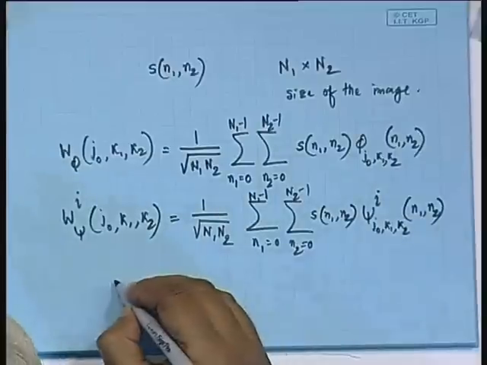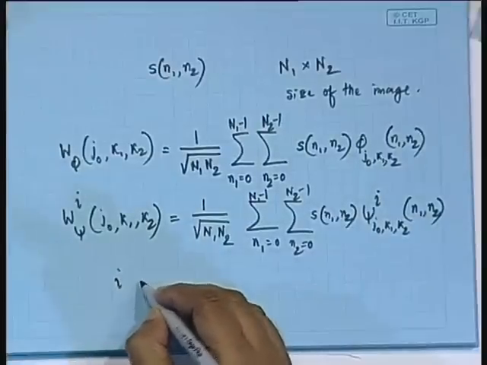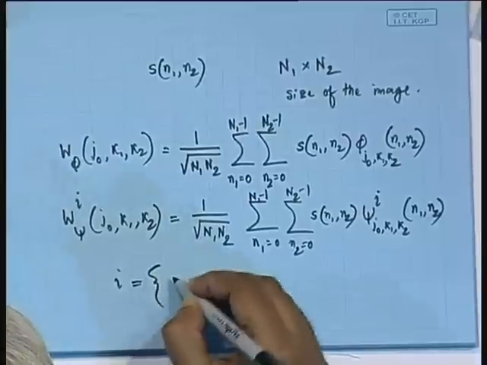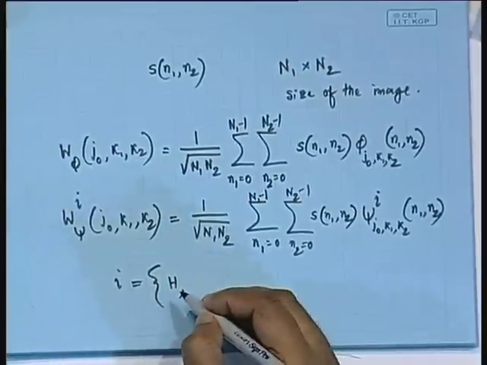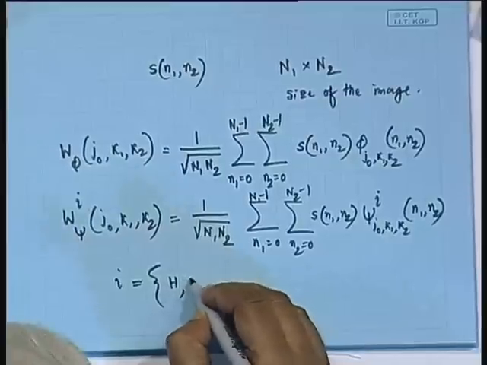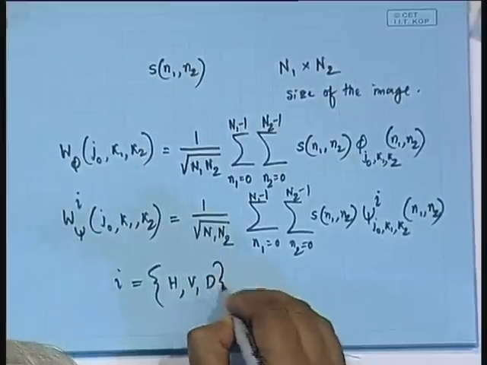Okay. And the significance of this I is that I can be either the H or the V or the D.